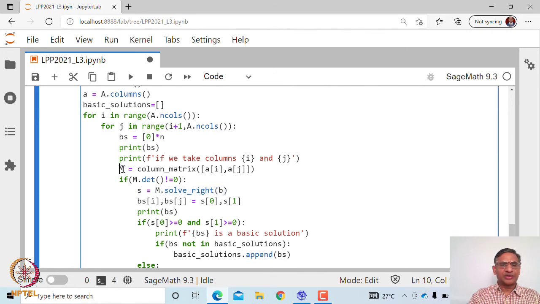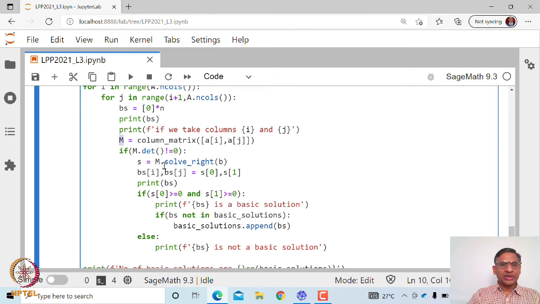Here M is nothing but your AB in case A_i and A_j are linearly independent. Then the ith component of bs, which is 0 at present, is replaced by s of 0, the first component of the solution, and the jth component of bs is replaced by the second component of s. Let me exclude this print so that you don't get confused.